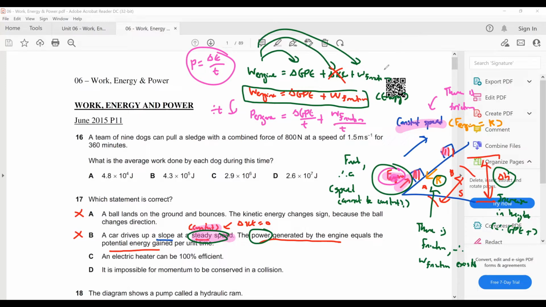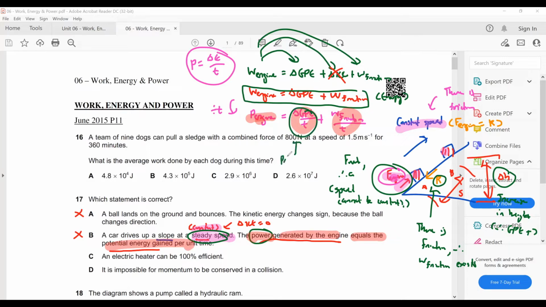So the statement here is that the power generated by the engine is equal to the potential energy gain per unit time. What you see here is that the power generated by the engine is equal to the potential energy gain per unit time plus work done against friction per unit time. The part where we say that potential energy gain per unit time is actually this one.